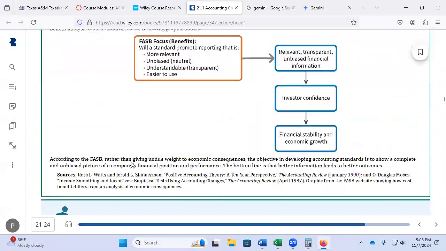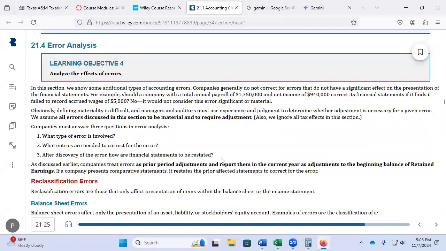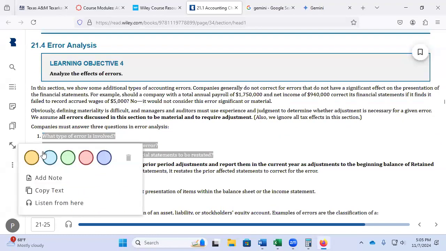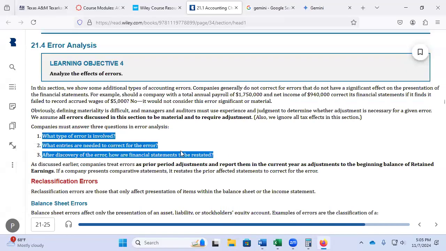Gotta be in 21.4. Oh, there we go. There. So forgive my brain cramp there.